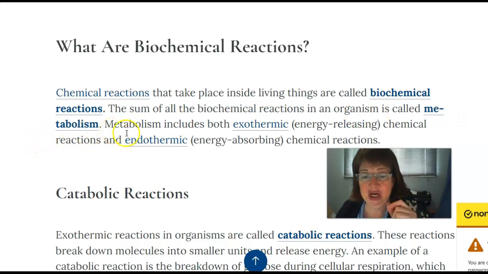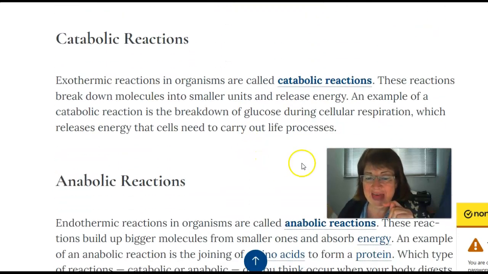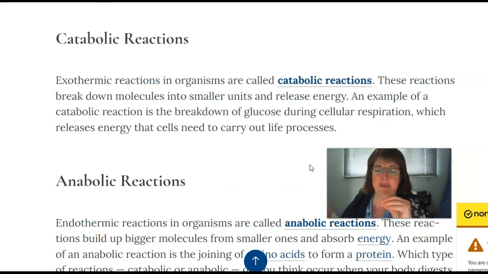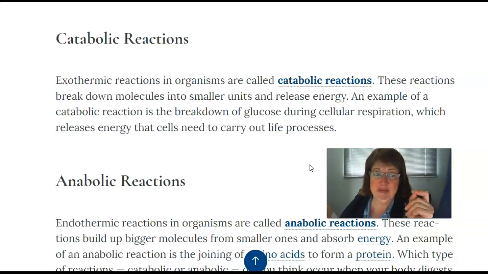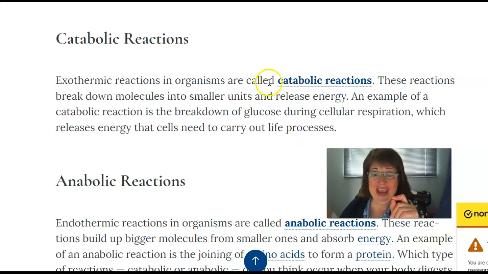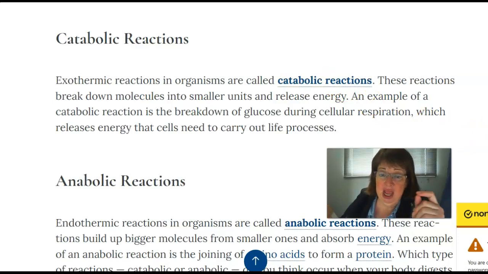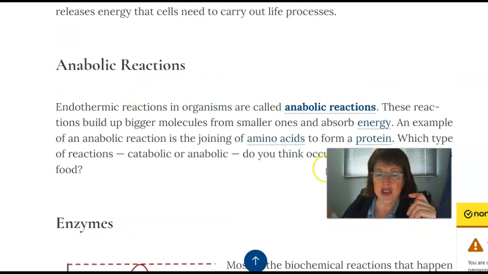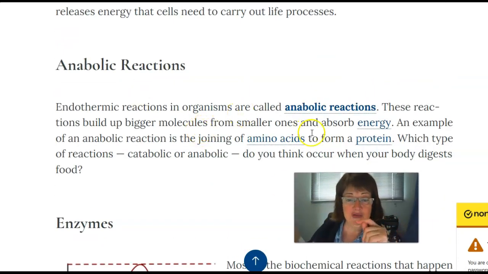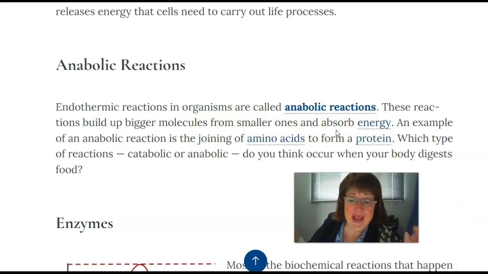Metabolism can include energy releasing and energy absorbing reactions. Metabolic reactions can be breaking down, and they are catabolism. The way I remember that is like a little cat tractor coming and busting things apart. Catabolic reactions break down molecules, and anabolic reactions build smaller things into larger. As they build, they absorb energy.